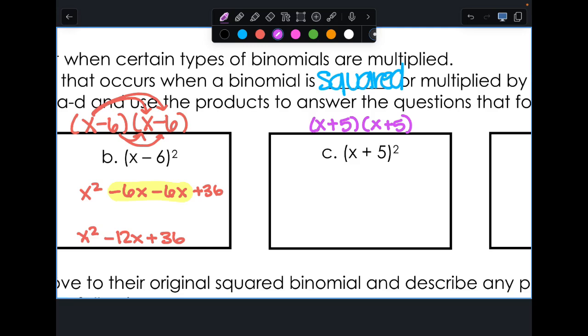x times x, x squared. x times 5, 5x. 5 times x, 5x. And then 5 times 5, 25. Always add the middle 2.